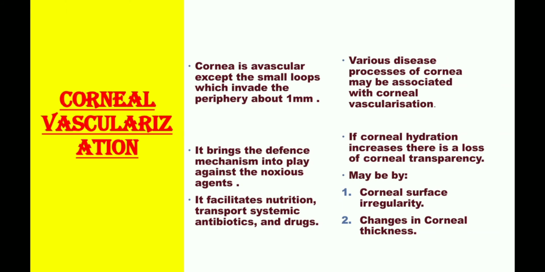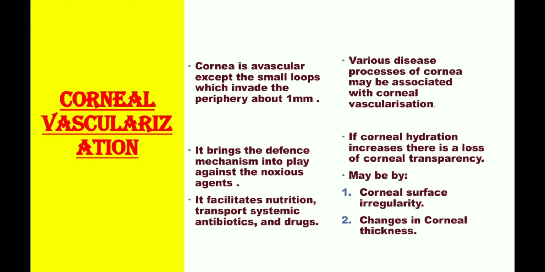It means if something goes wrong in the cornea as a disease, then corneal vascularization gets affected, and it brings the defense mechanism into play against noxious agents. It facilitates nutrition transport, systemic antibiotics and drugs. Hope you all understand these 2 points also.